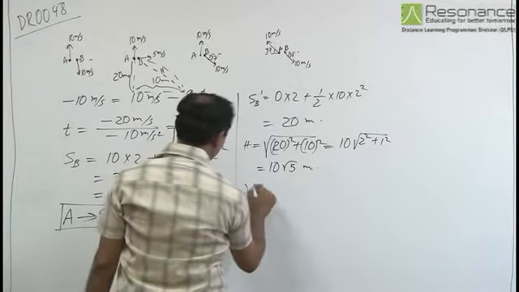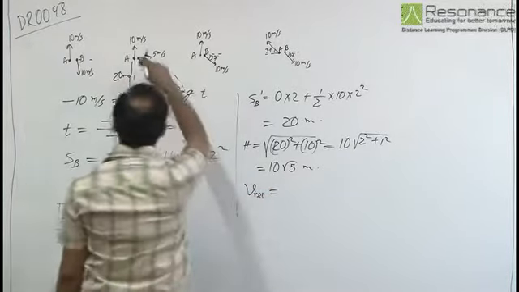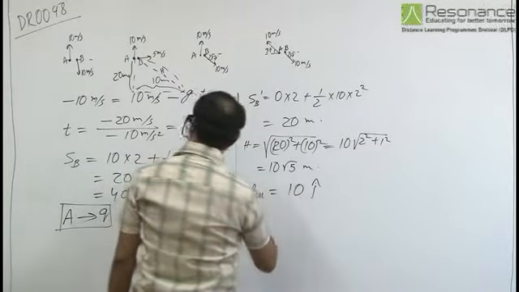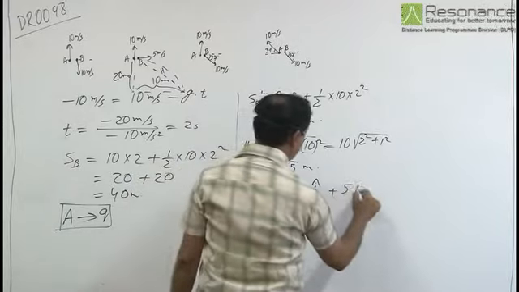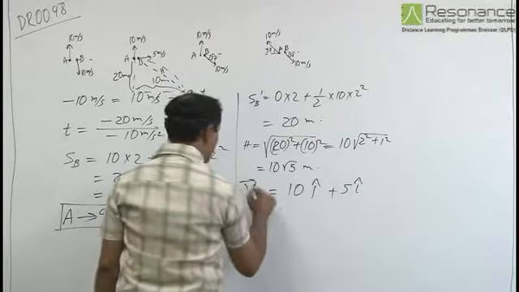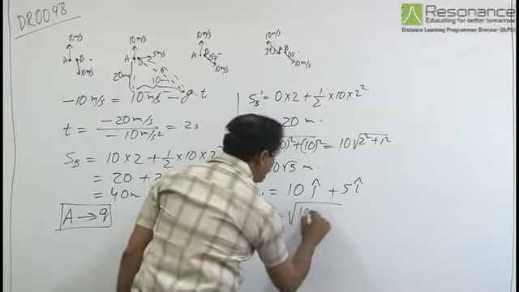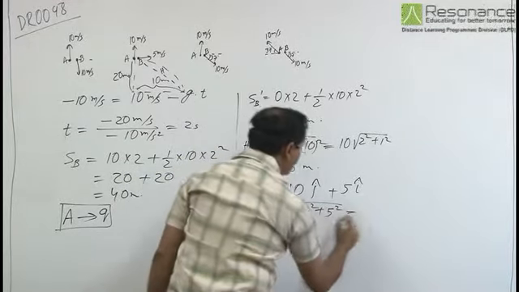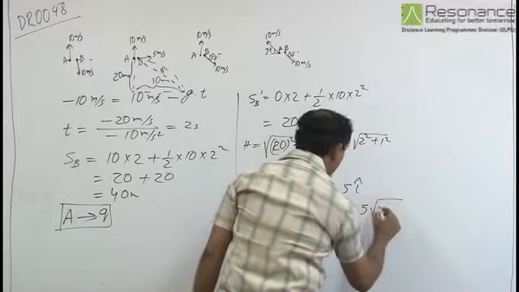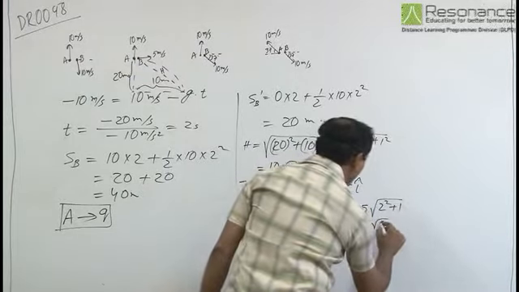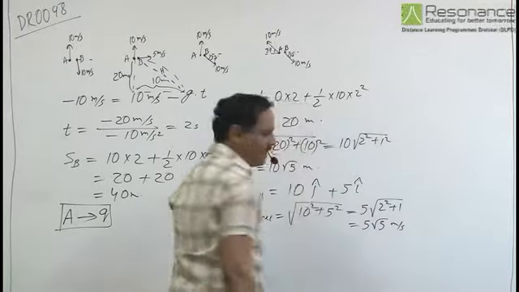So V relative horizontal, the vertical component is 10 j cap and the horizontal component is 5 i cap. So its magnitude is equal to under root 10 square plus 5 square, so 5 root 2 square plus 1, or 5 root 5 meter per second.